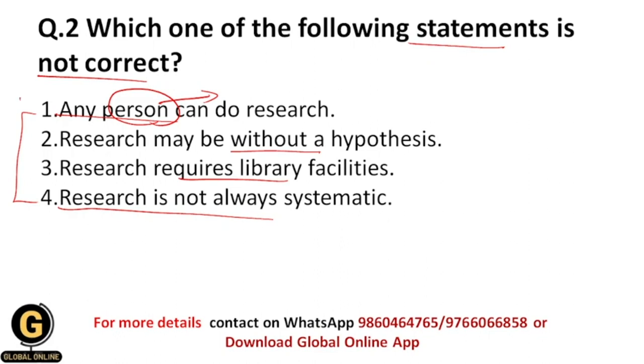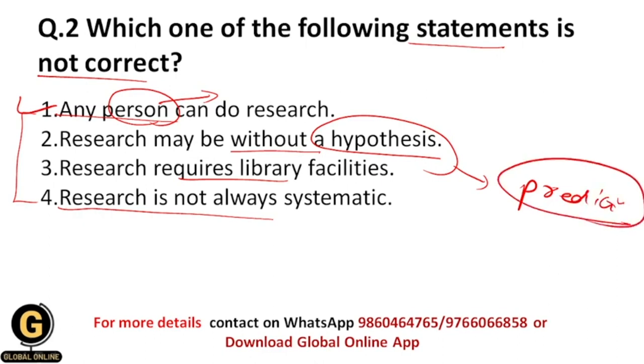Okay, research may be without a hypothesis. So basically students, a hypothesis is nothing but the prediction regarding what will happen in your research process in future. Basically, what will be the outcomes of your research, that is nothing but the hypothesis.